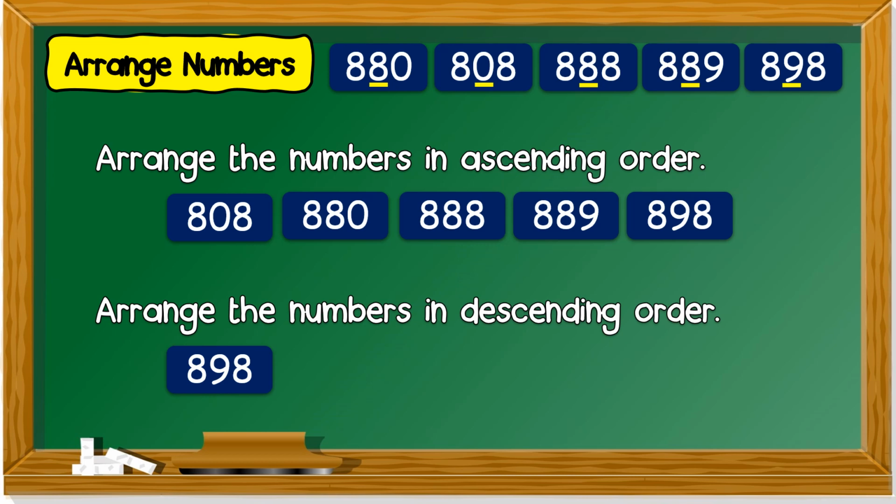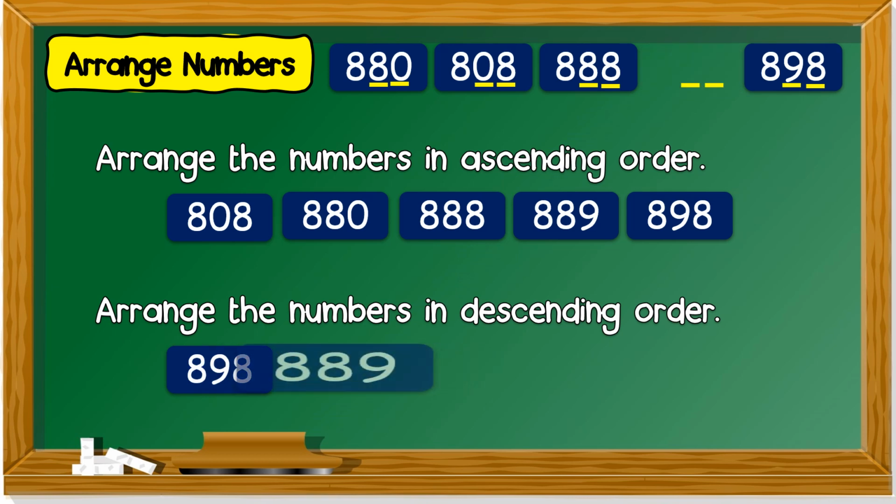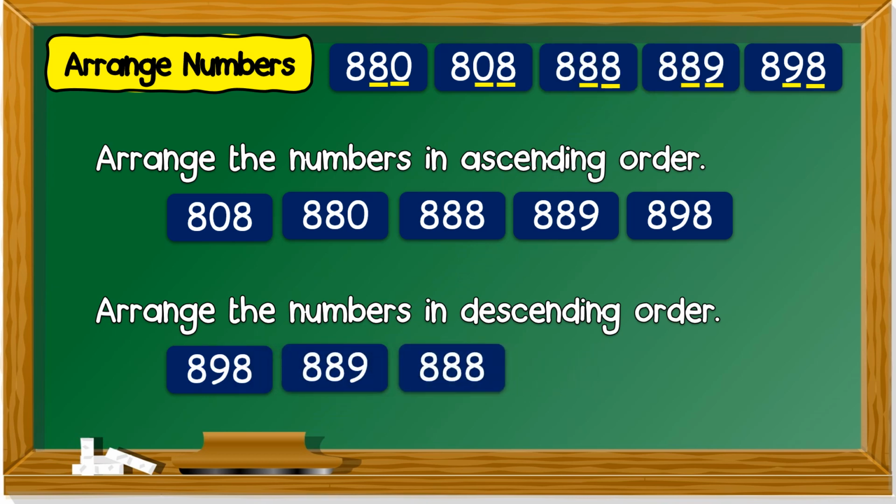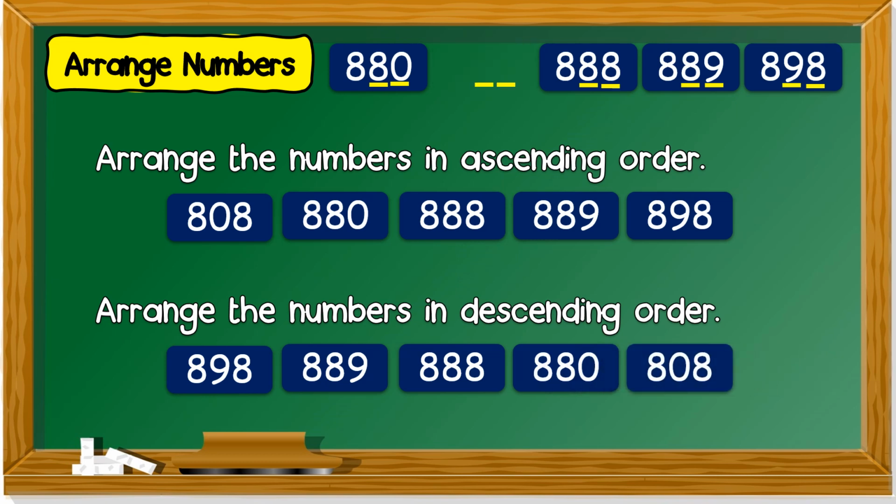We move on to the ones. For the ones, the largest is with 9, 889, followed by 888. Next, you can see is 880, followed by 808. So this is the order in descending.